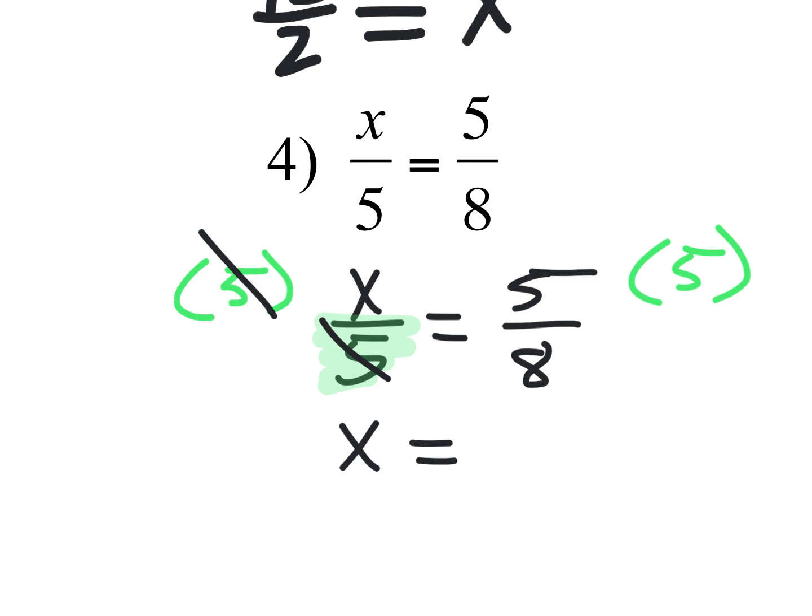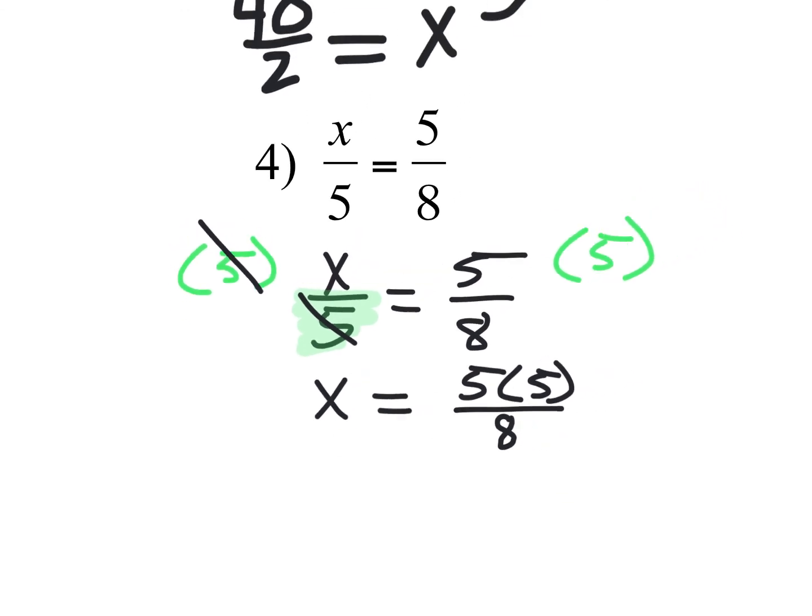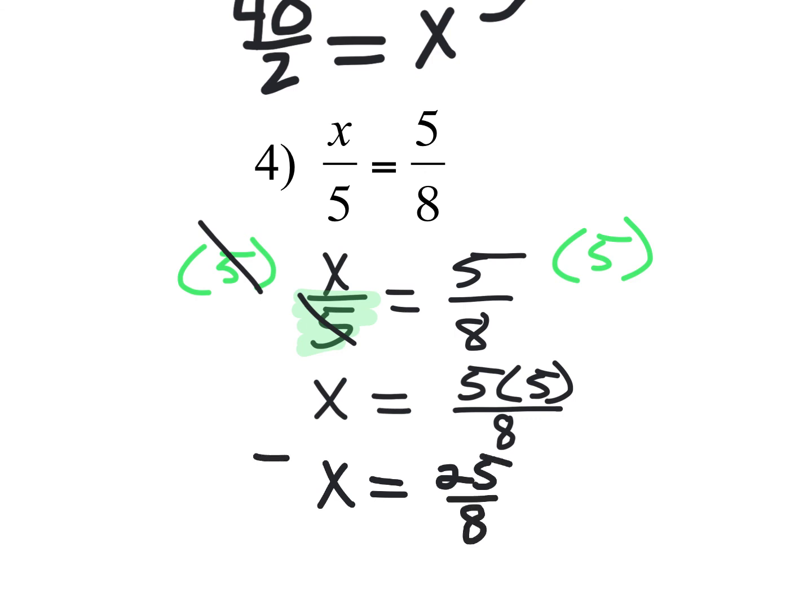So here, I'm going to do 5 times 5. And then I'm going to divide it by 8, because that was the bottom part of it, right? So we've got x is equal to 25 over 8. And using your handy dandy little calculator, you will see that this is as simplified as that fraction gets. So your solution for number 4 is 25 over 8.